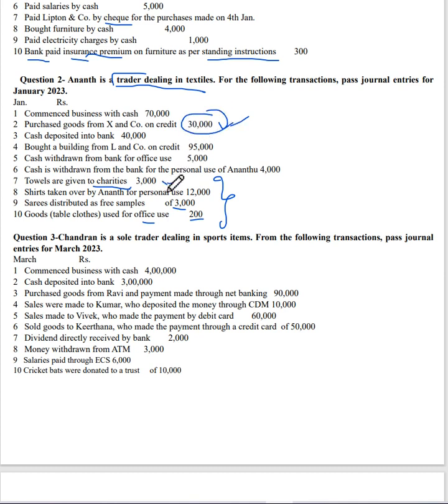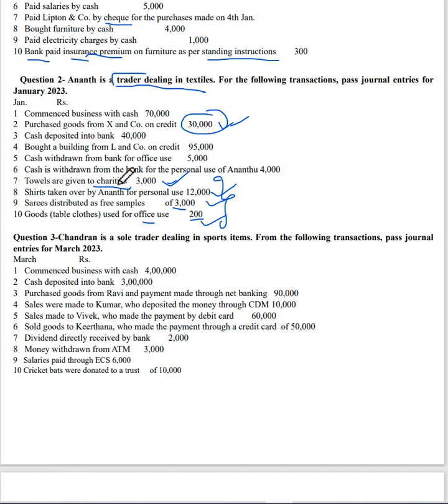Out of that he gave 3,000 to charity, 12,000 he took for personal use on a drawings basis, 3,000 worth as free samples, and 200 for office use. Out of all these items, he did not generate any revenue, but he did something else with the purchase. So when we show it in our accounts, we have to deduct all these items from the purchases we made, hence we have to record it in the purchase account.